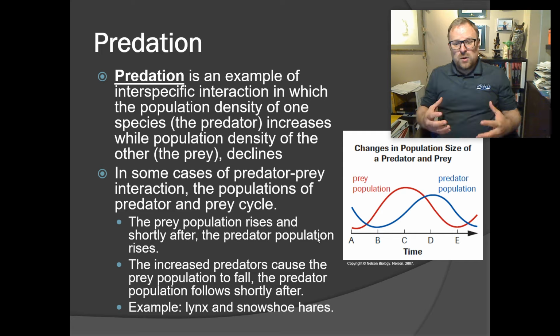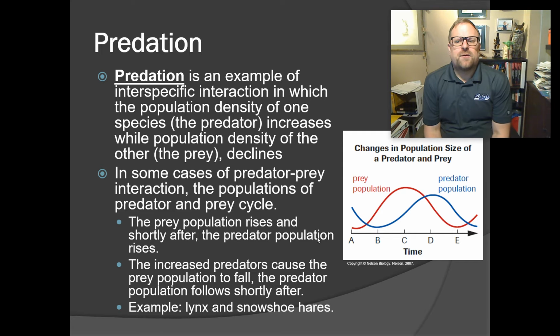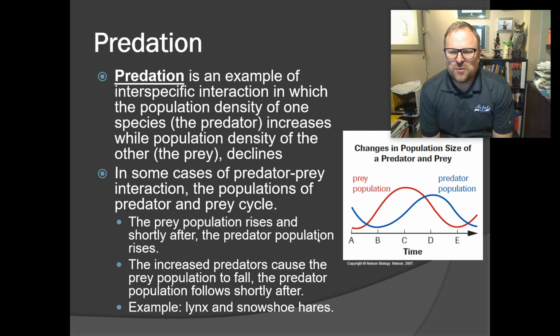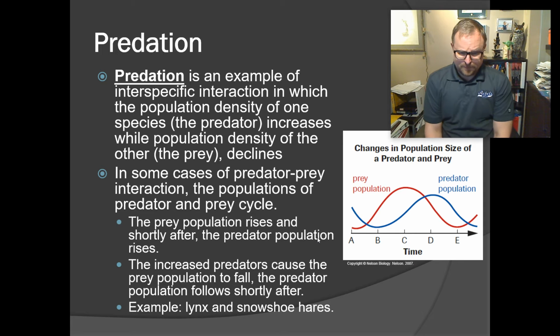Predator eats prey. I hope that makes sense. Now, what's really cool about this, and I remember studying this stuff when I was doing my conservation biology degree, is that there's actually really neat cycles that occur in these predator-prey relationships. We have an example of this cycle here in Alberta, and we can monitor it in these populations. That cycle happens between lynx and snowshoe hares.